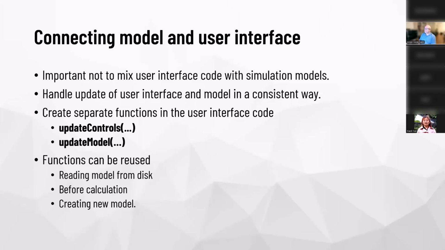And then I have an update model that will go the other way around, from the user interface view, converting the values to the model. And then in your model, you can have code, for example, for saving and reading from disk, and so on, creating a new model. So basically the model should be able to handle the functionality of your computational code without the user interface aspects. And then you implement all the user interface back in the view class.